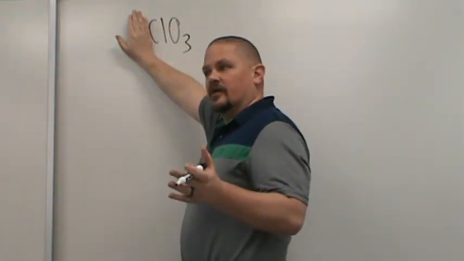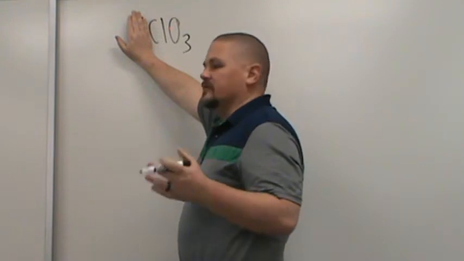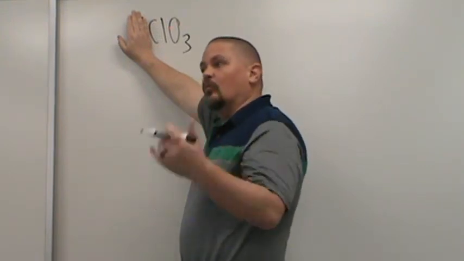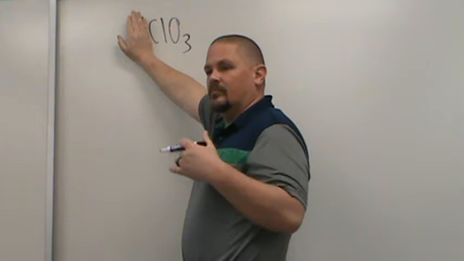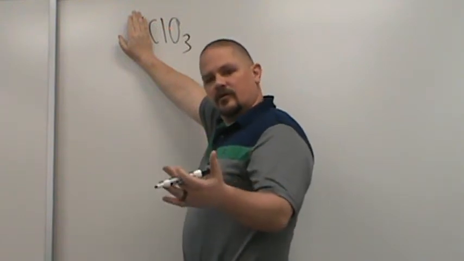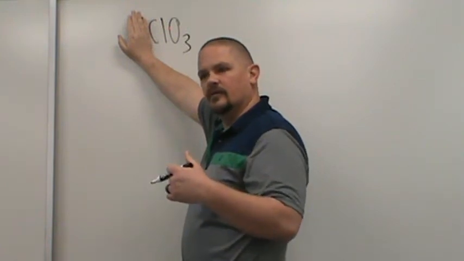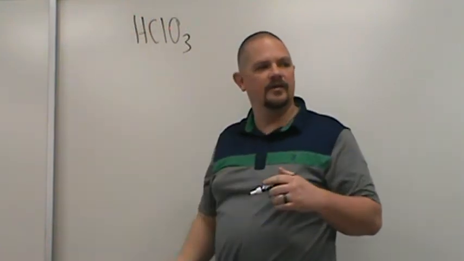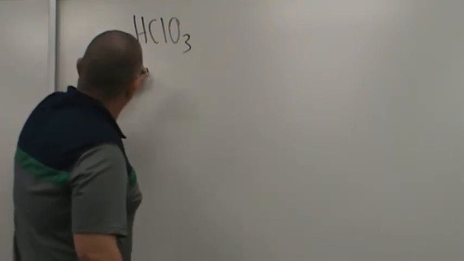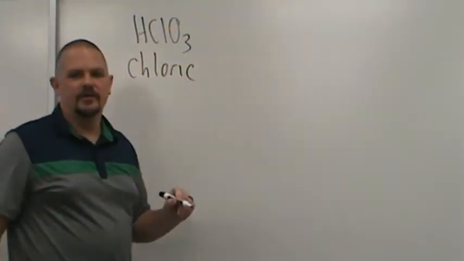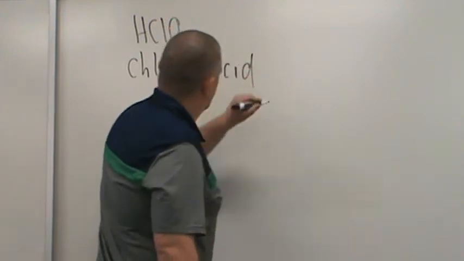After the hydrogen is our anion, right? So we have ClO3. Since it's more than one element, that's telling you it's going to be a polyatomic ion. So if we look on our polyatomic ion list, which one has the formula ClO3? Chlorate. So it ends with ATE. To name this as an acid, we drop the ATE and we add IC. So this would be chloric acid.